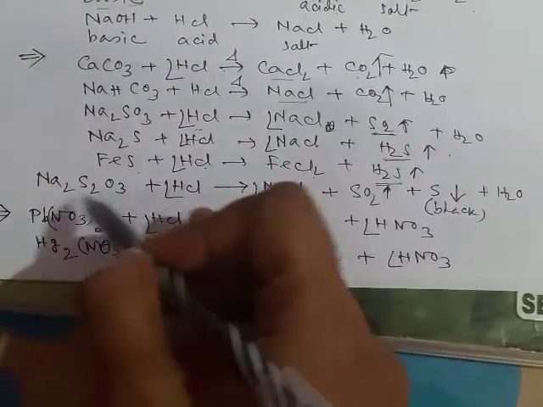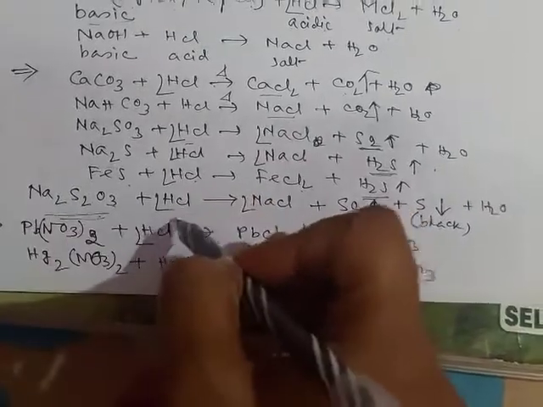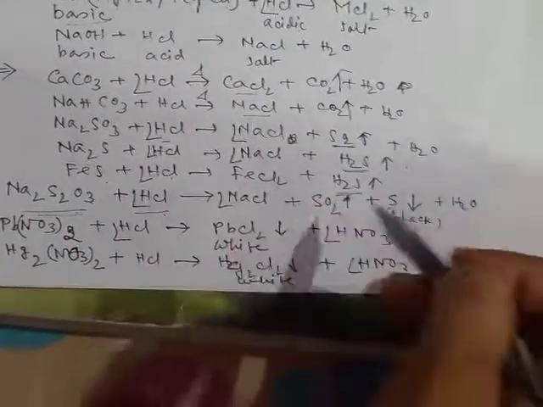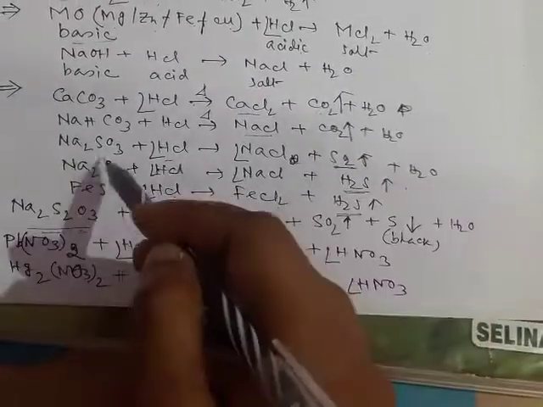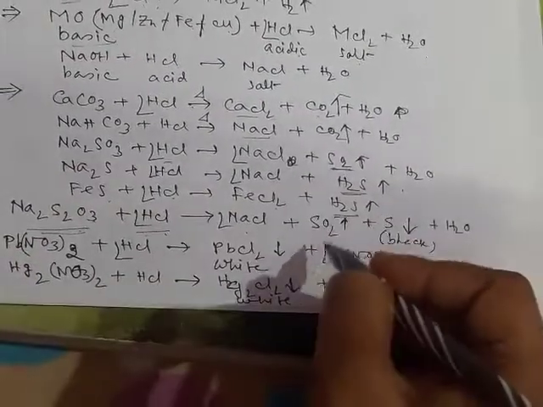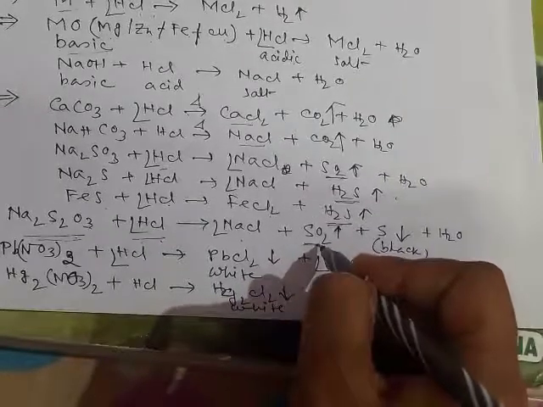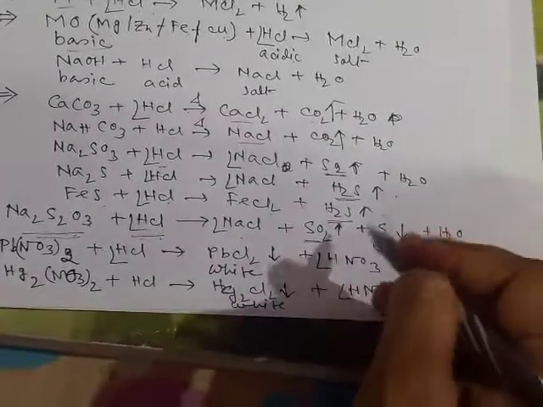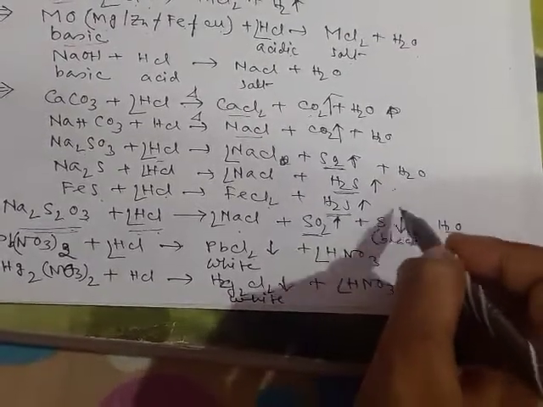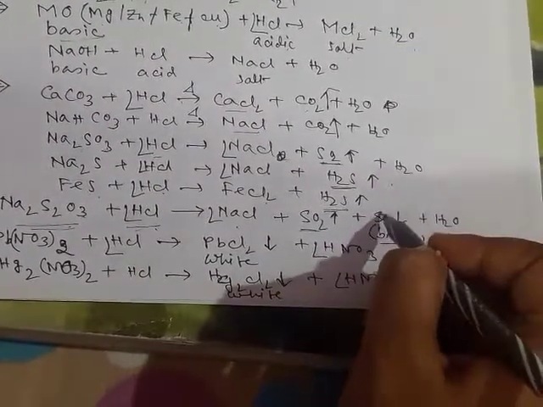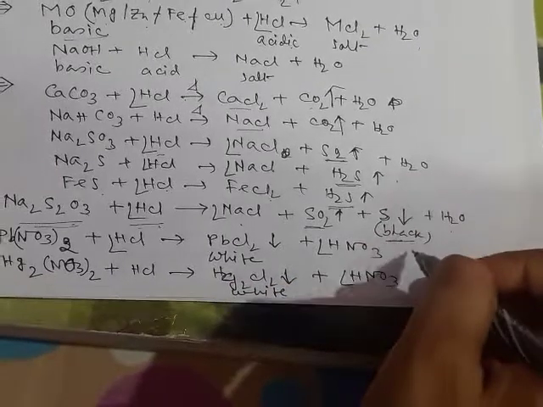Whereas when sodium thiosulfate reacts with HCl, there will be formation of sodium chloride, and like sodium sulphite, also sulfur dioxide and water, and with this there will be deposition of elemental sulfur.